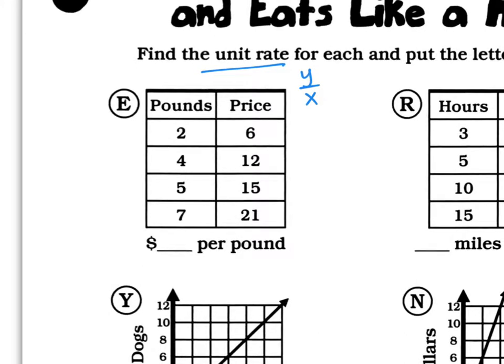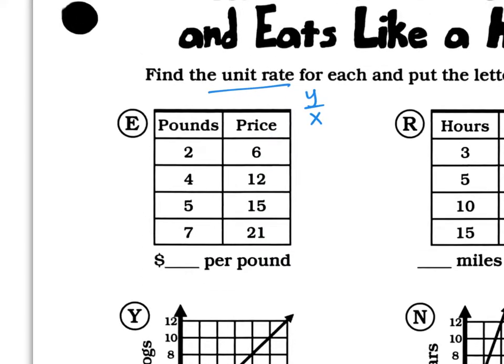It tells me in my answer right here that it's dollars per pound, and that means that we're going to take the dollars, or the price, divided by the pounds. If I just choose this point right here, what's the dollars?